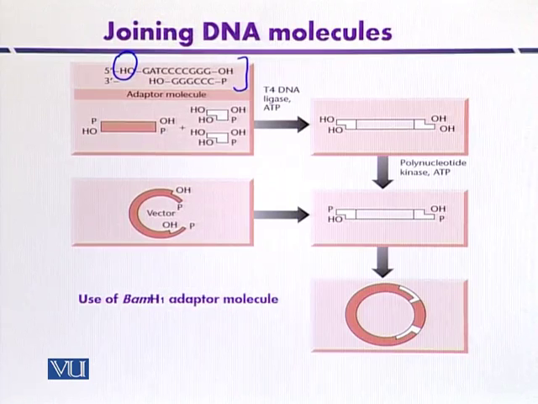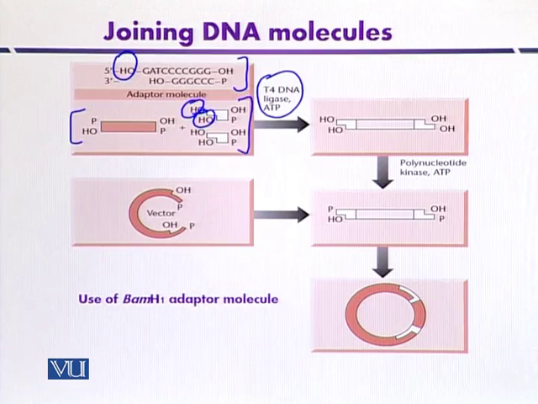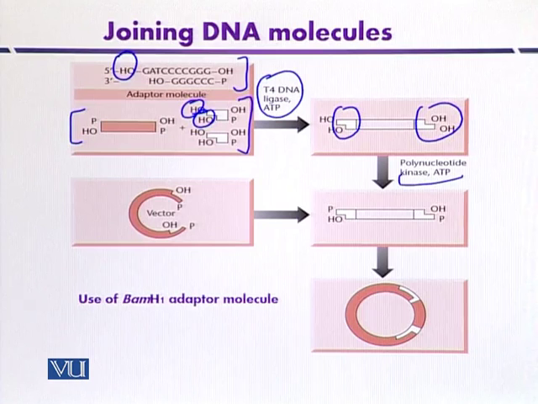The foreign DNA that contains phosphate at both 5' ends is mixed with adapter molecules that have OH groups at the cohesive ends. So the DNA ligase in the presence of ATP will mediate the reaction so that the adapters will be joined with the source DNA. Now it is treated with kinase, and the reaction is ATP mediated so that phosphates can be introduced at the 5' end.